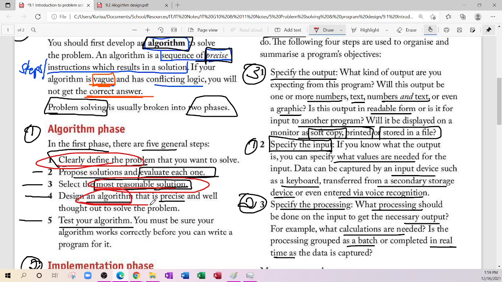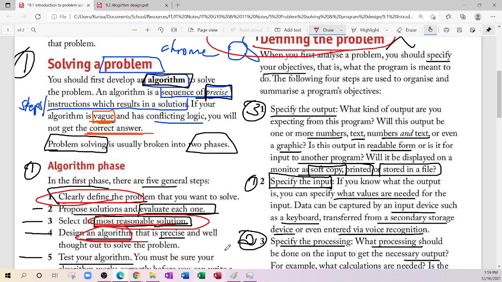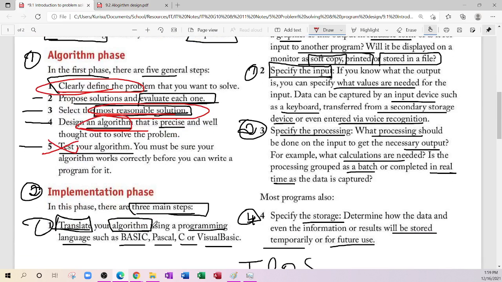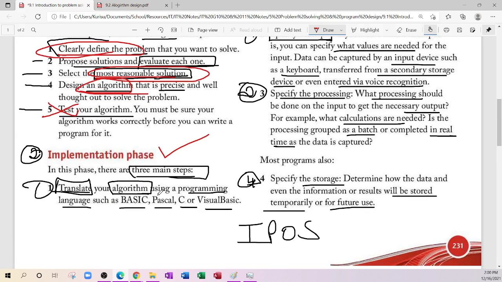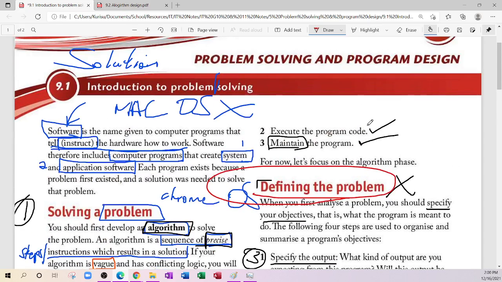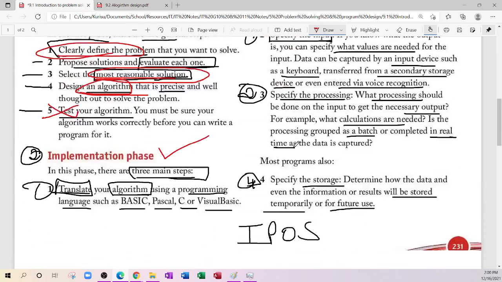And then you design an algorithm. I showed you guys an example of doing that. And then later on, I'm going to show you guys an example of testing your algorithm. And after you finish your algorithm phase, you move on to implementation, where you translate to a programming language. Remember your homework on that. You execute the program, maintain the program.